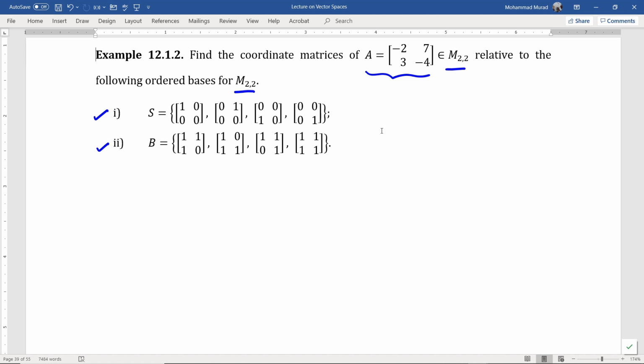As before, here the set S is the standard basis for the vector space M₂,₂, and the set B is a non-standard basis for the vector space M₂,₂.